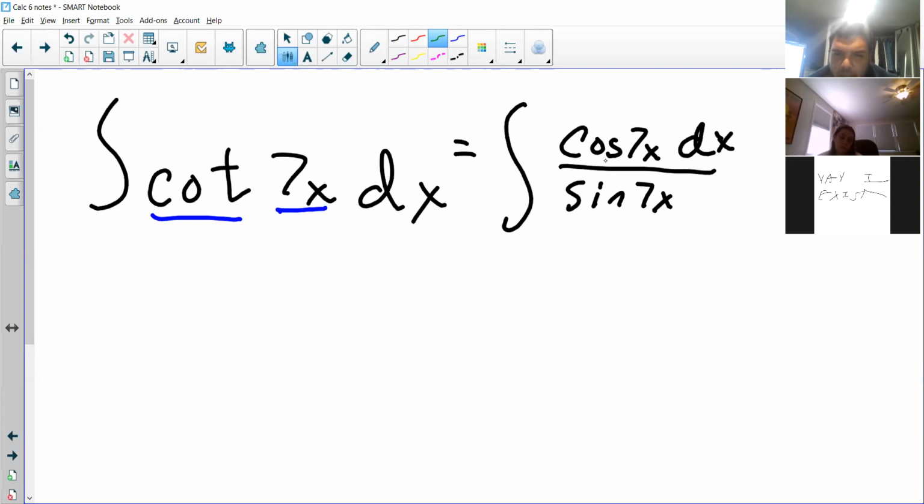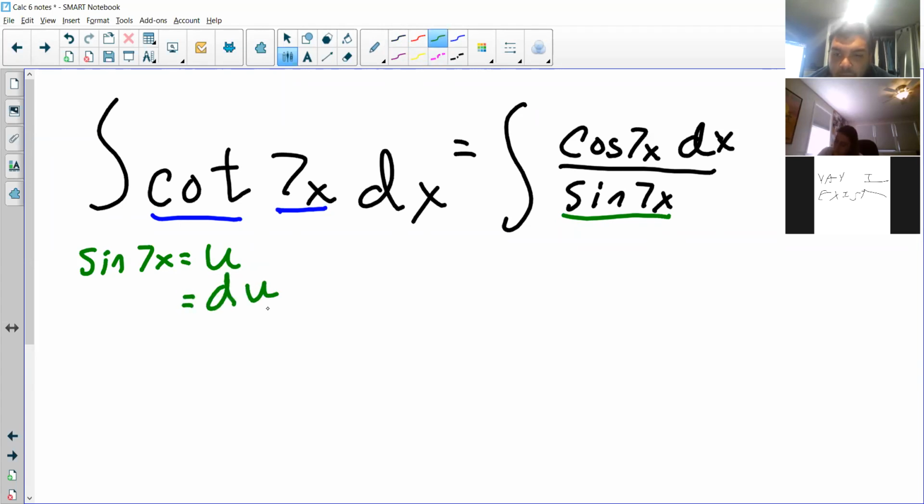Let's see. I'm thinking, let's take the sine 7x, which is in the denominator, and reduce that down to u. So I'm going to say sine 7x equals u. So I'm going to derive this.